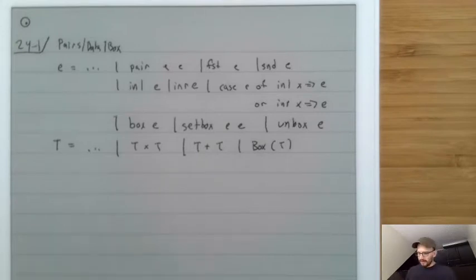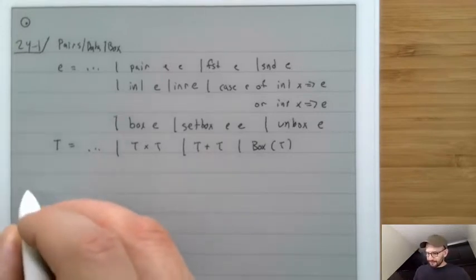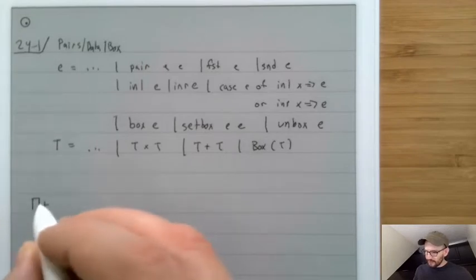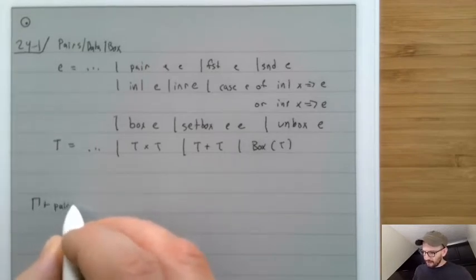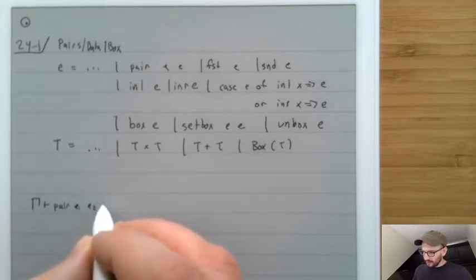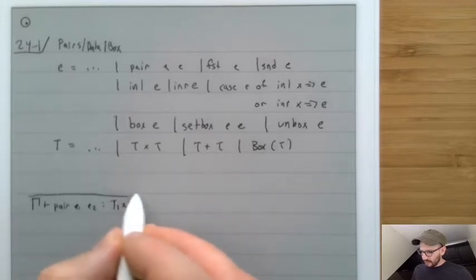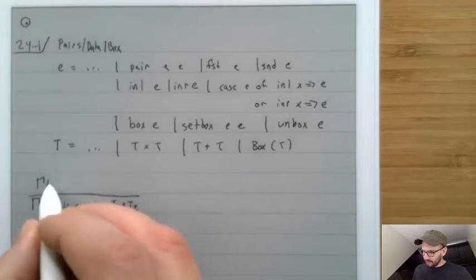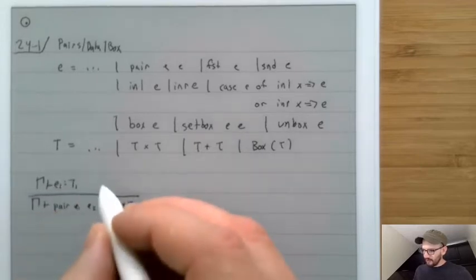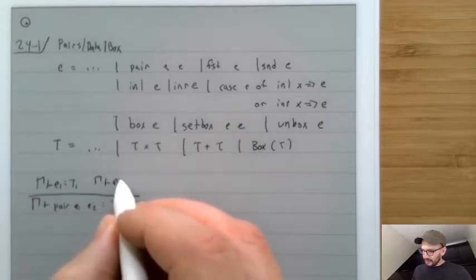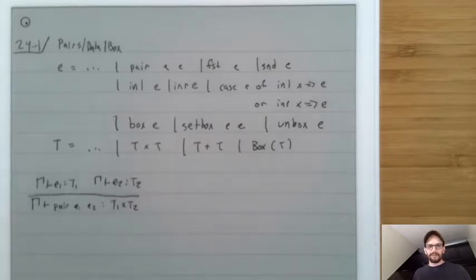So the rule for pair is quite simple. We'll say that gamma proves that pair E1, E2 has type T1 cross T2 if gamma proves that E1 has type T1 and gamma proves that E2 has type T2.